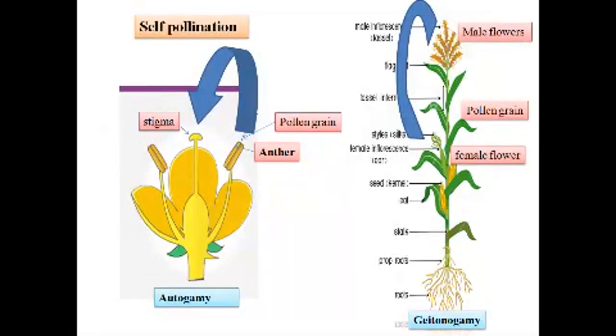Now we discuss in detail about self-pollination. So what is the definition of self-pollination? The transfer of pollen grains from anther to stigma of the same flower or another flower present on the same plant.